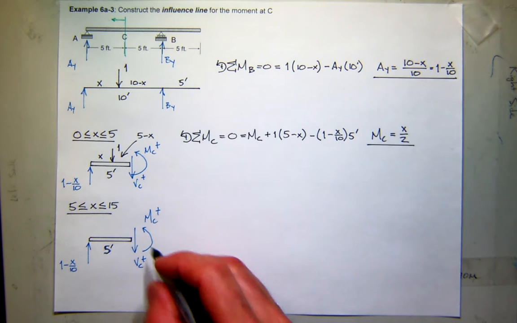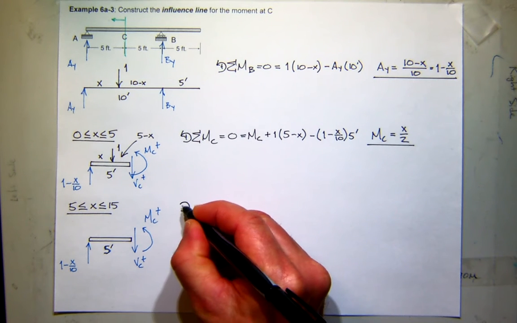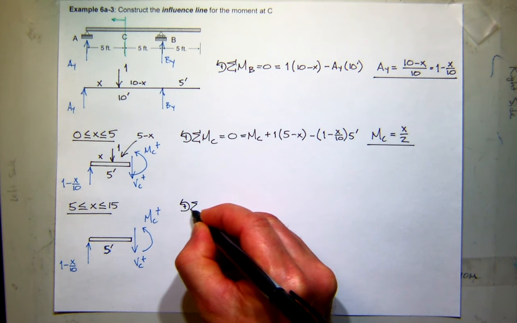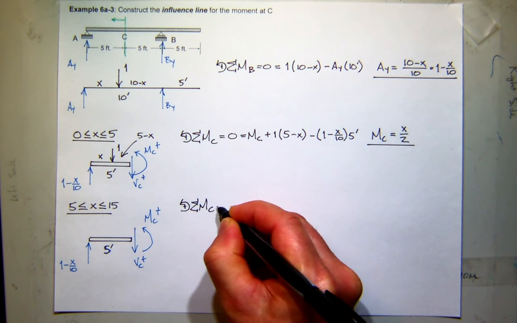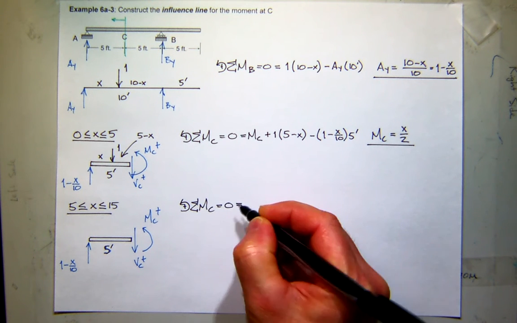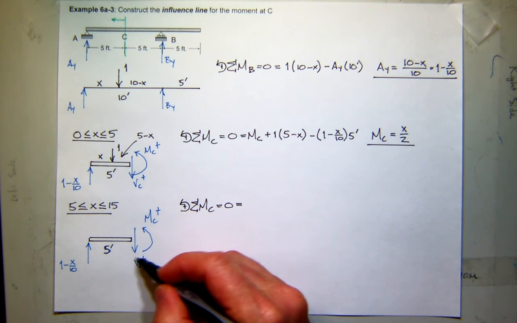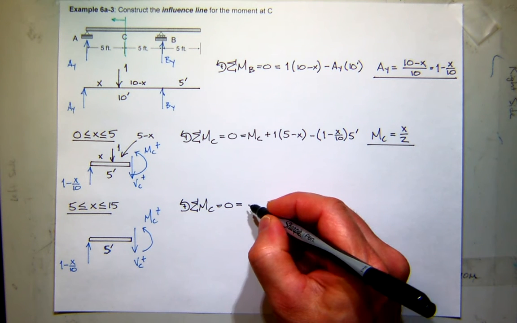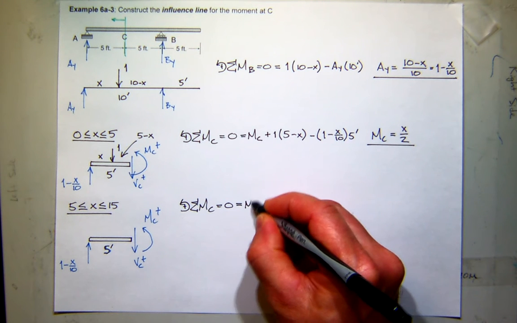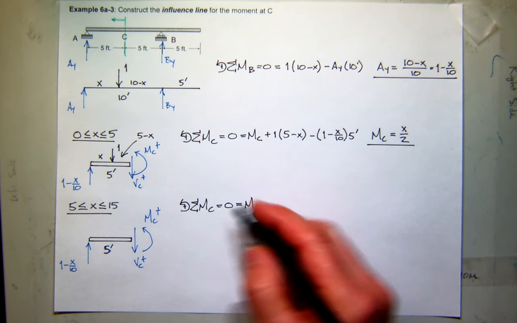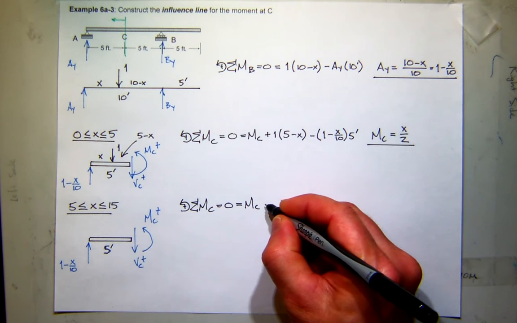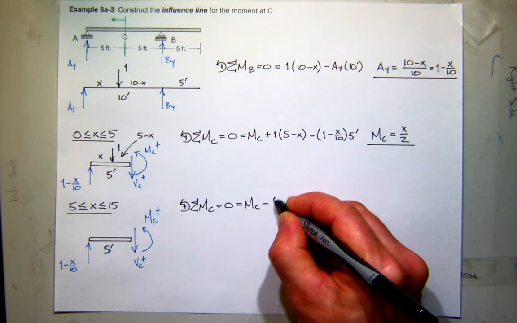So again, we're looking for the moment at C, so I'll sum moments at C and make sure it's in equilibrium. So again, I have my assumed positive bending moment, which is positive in my sign convention. And I have the reaction, which creates a negative moment.